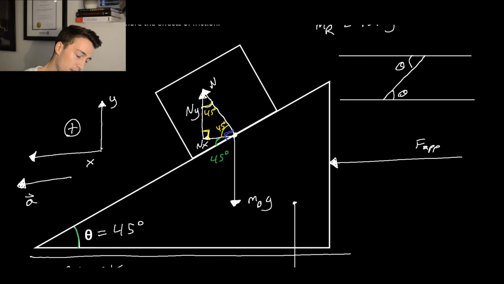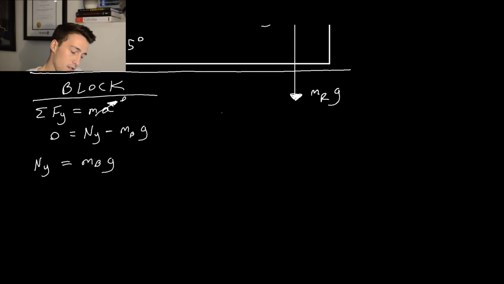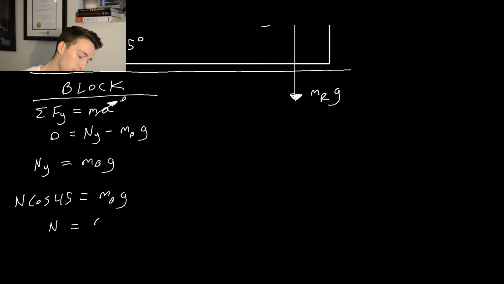But if we're using this angle in here, that's going to be cos of 45. So the normal force times cos of 45 will give us our y component, and that's going to equal Mbg. So now the normal force is the force of gravity of the block divided by cos of 45 degrees.